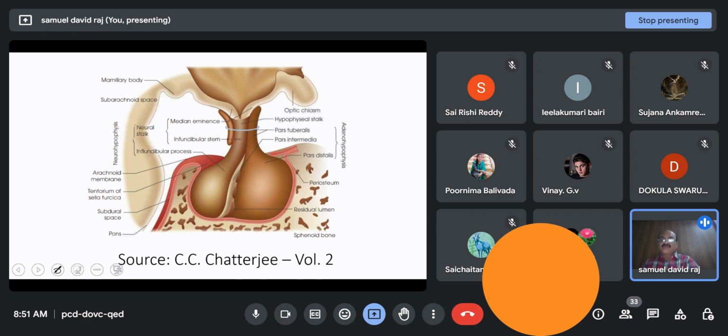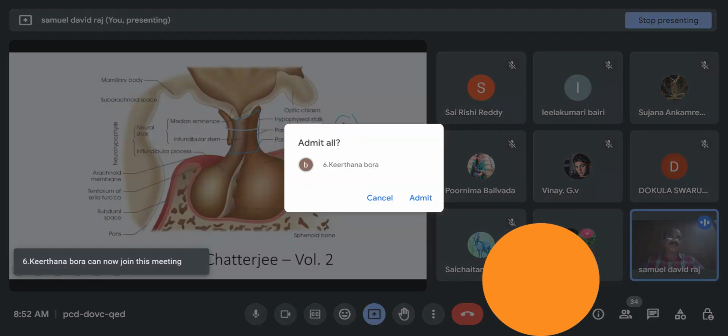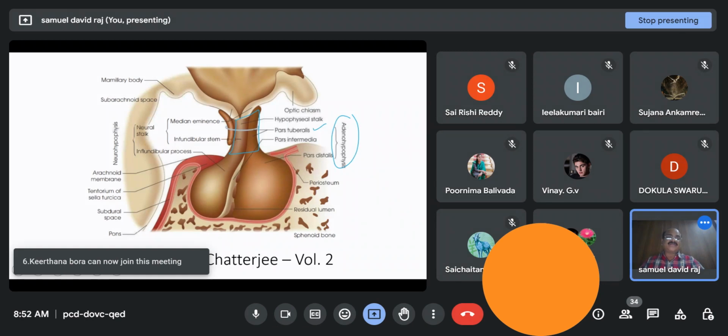Coming to the anterior pituitary or adenohypophysis, it comprises pars tuberalis. This initial part in the stalk is the pars tuberalis, and pars intermedia is present between tuberalis and distalis, that is, between adenohypophysis and neurohypophysis.